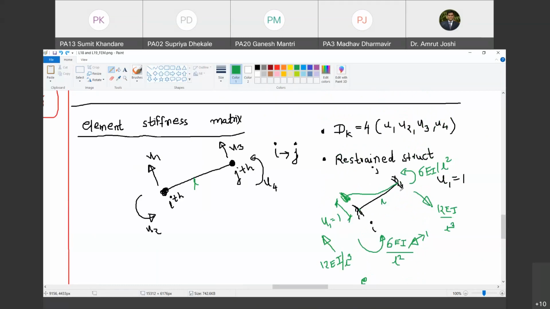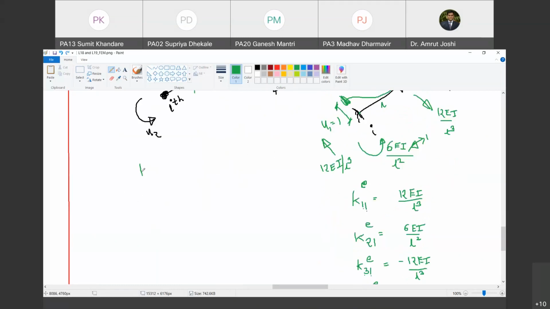Okay. So let me define Kij. What is Kij? Kij is the action that gets produced at I. ये action force रहेगा क्या या moment रहेगा?